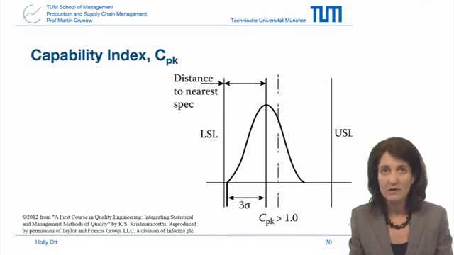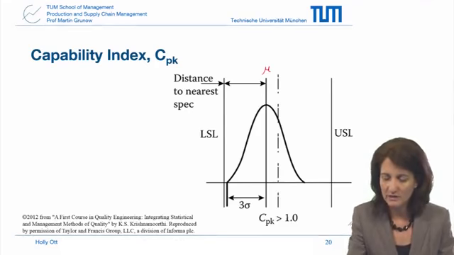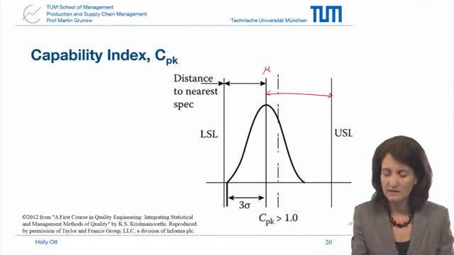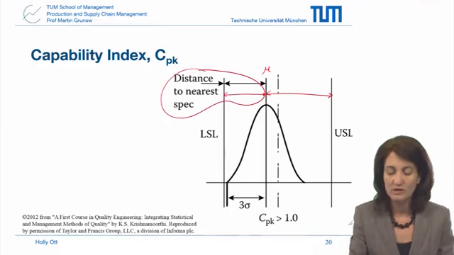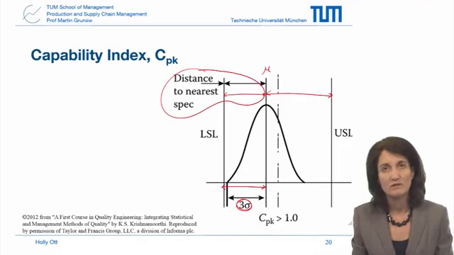Another example: we also have a process that's off center. We have a process mean and a distance from the 2 specification limits. We see that this is the critical one, but the 3 sigma value is smaller than that critical dimension.